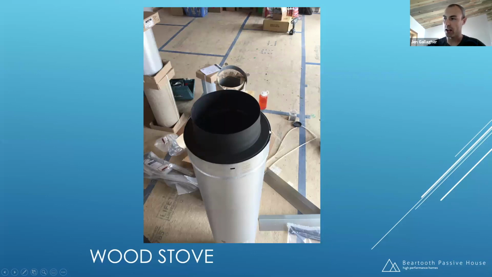Okay, so knowing that this is our transition from this little black piece into the end of our chimney pipe, I've got to make sure that before I ever put that thing in there, that this joint right here is nice and airtight. So we sealed that with the same exact sealant that the stove manufacturer gives you for attaching the exterior makeup air.